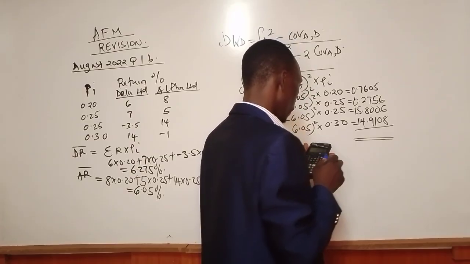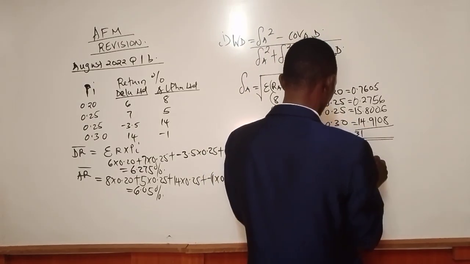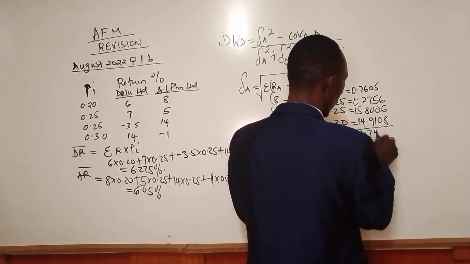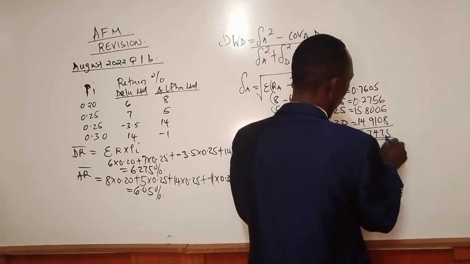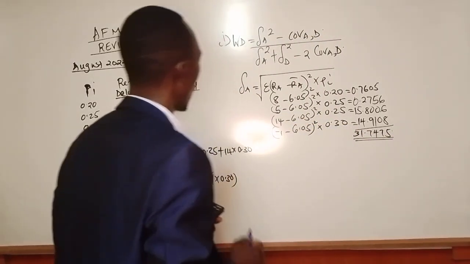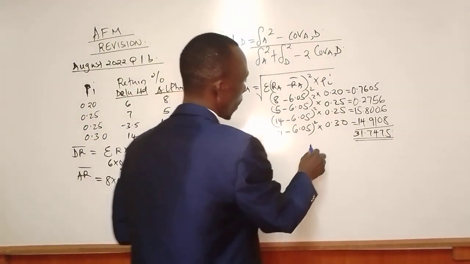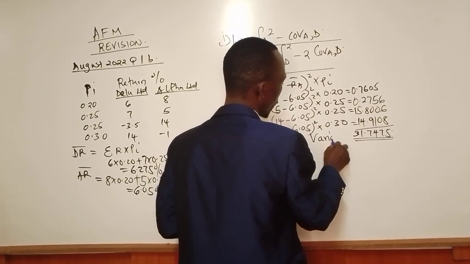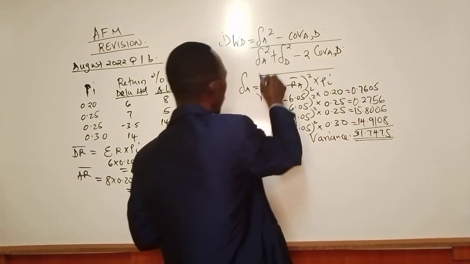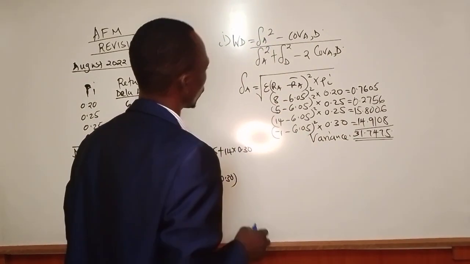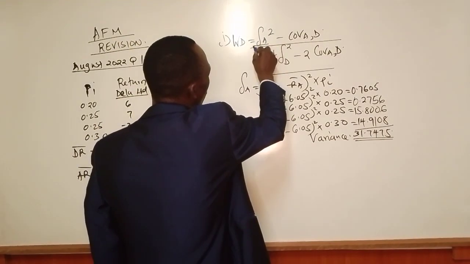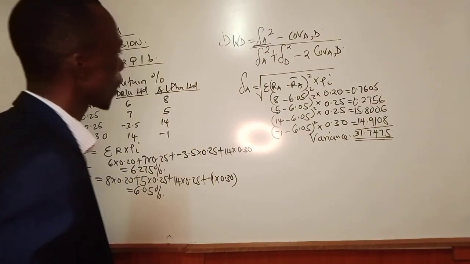In this case, we are going to get 31.7475. That is what we are having. So remember, what we have computed is the variance without getting what? The square root. And that is what the examiner wants, the variance of A.